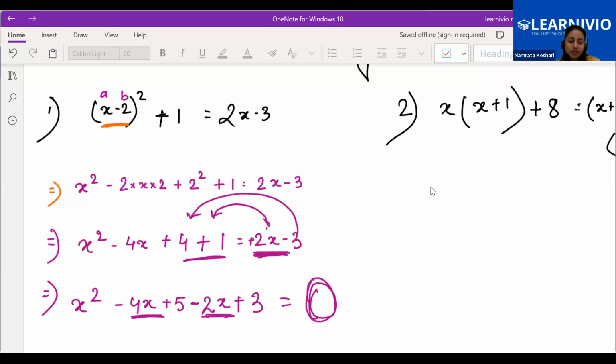What will be the next step? Please tell me. Subtract minus 4x minus 2x. x square minus 4x minus 2x is what? Minus 2x. Just a second.